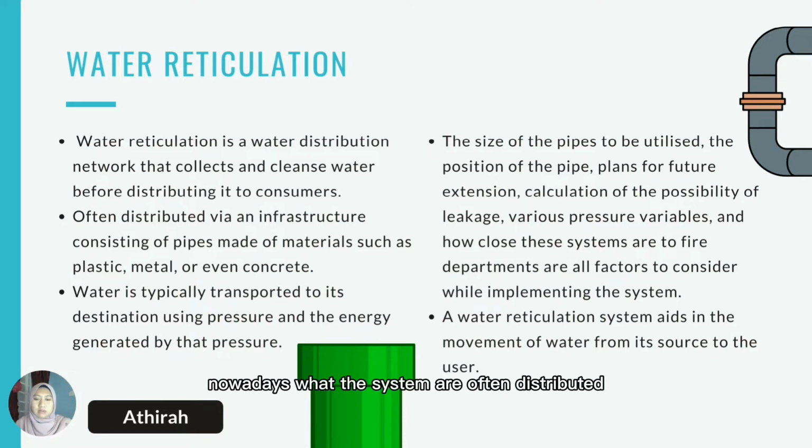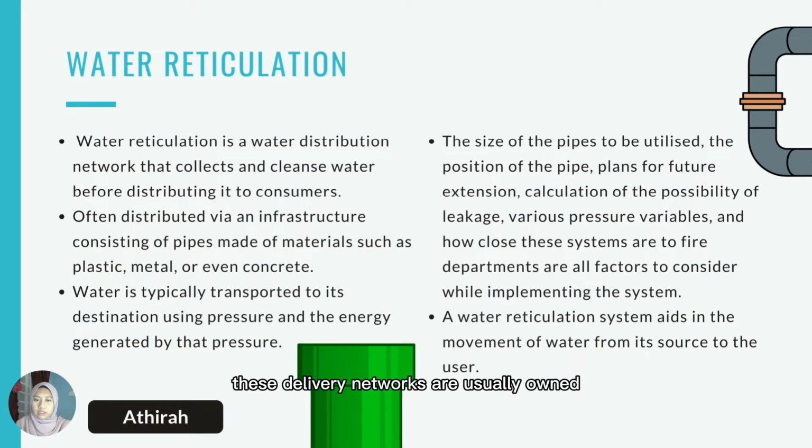Nowadays, water systems are often distributed via an infrastructure consisting of pipes that are made of materials such as plastic, metal, or even concrete. Water is typically transported to its destination using pressure and the energy generated by that pressure.